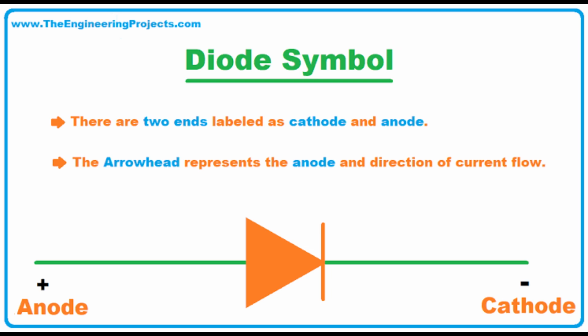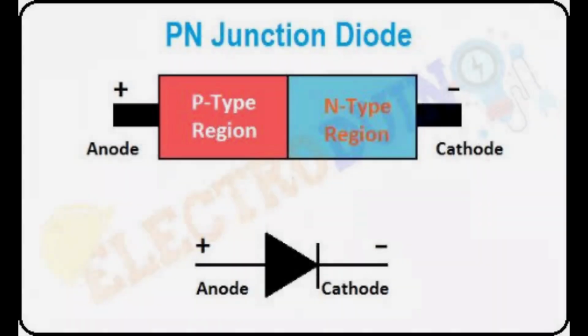And this side is positive, this side is negative. The positive side is called anode, and the negative one is called cathode.